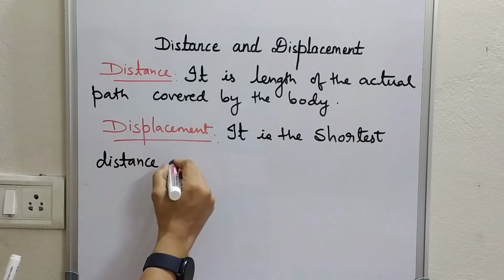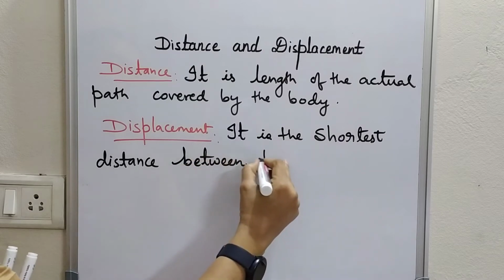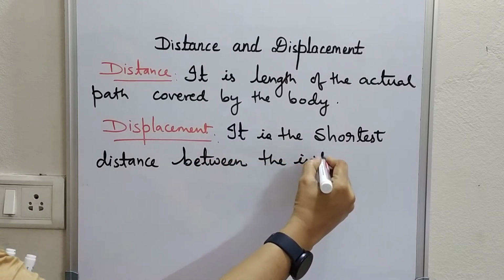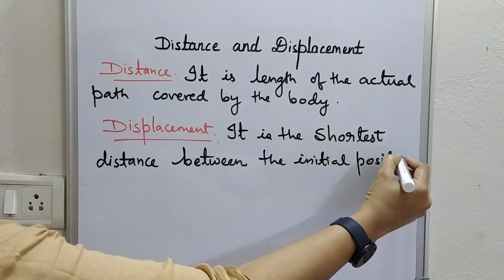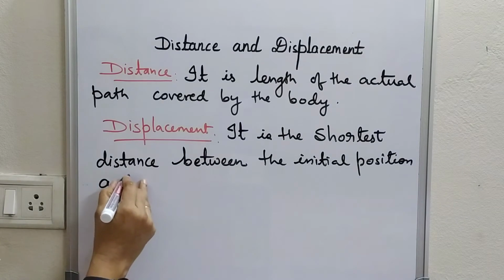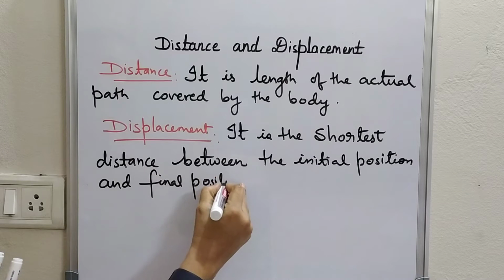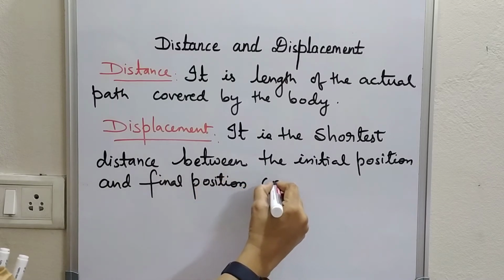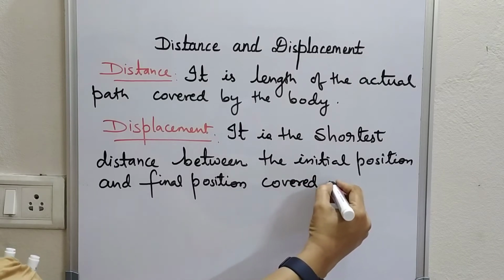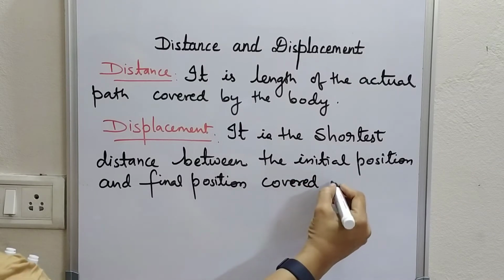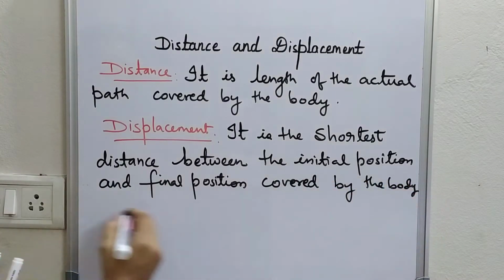So it is the shortest distance between the initial position, or initial point, and the final position, or final point, covered or traveled by the body in a specific direction.